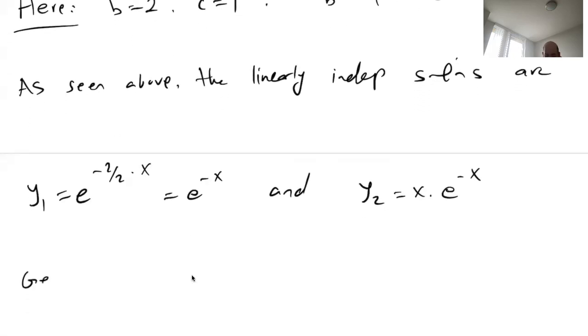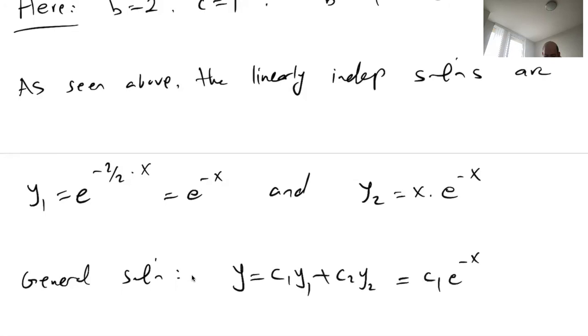And the general solution will be y equals c1 y1 plus c2 y2. So that's going to be c1 e to power minus x plus c2 x e to power minus x.